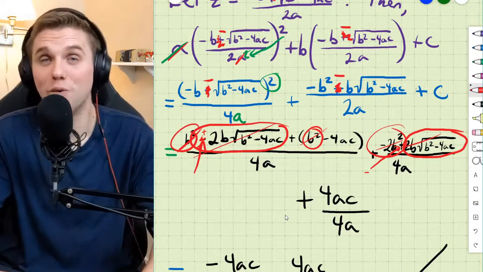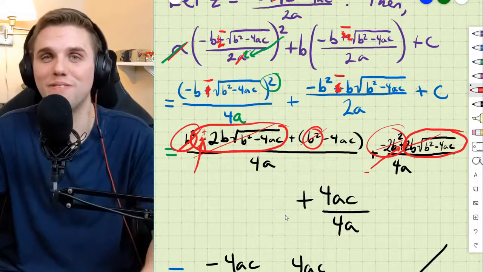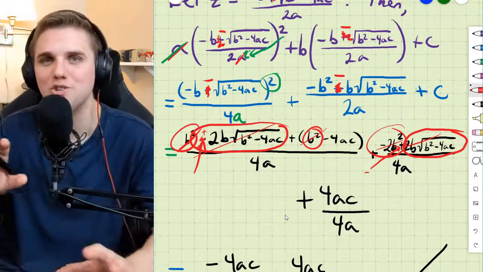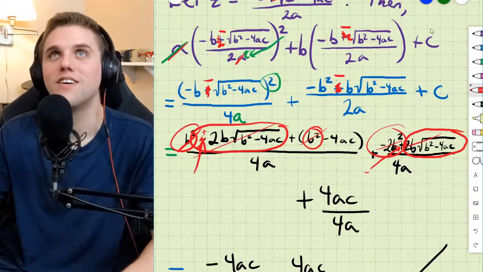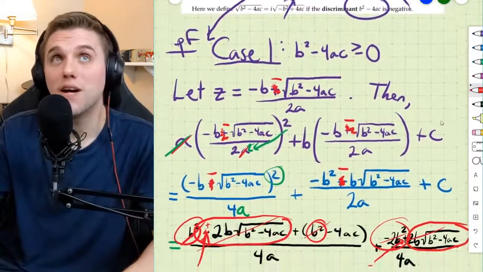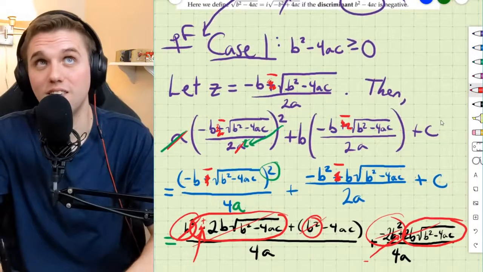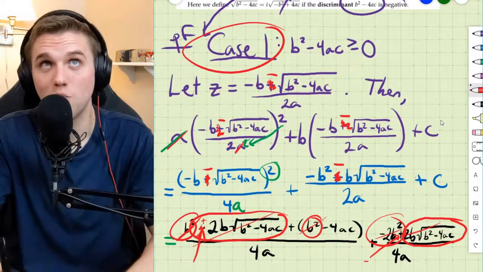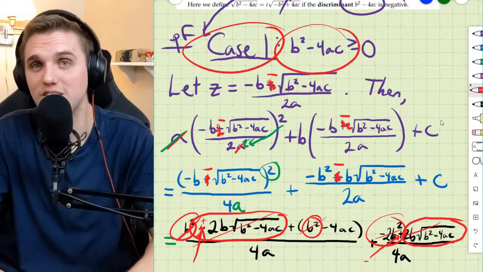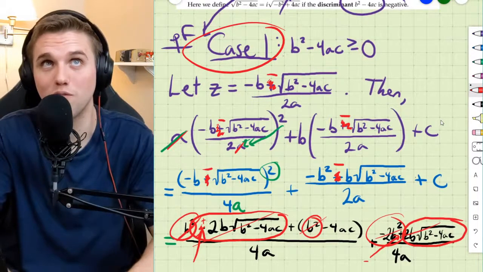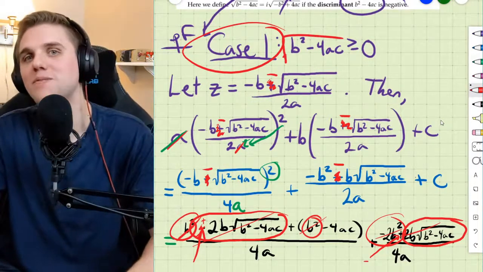And I really don't want to write that much math again. But you can use your imagination and just assume that that was the other solution. But technically, we're still in case 1 when b squared minus 4ac is non-negative, so that the square root of this thing makes sense.